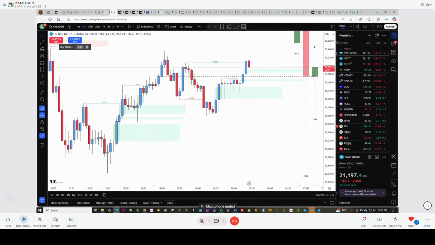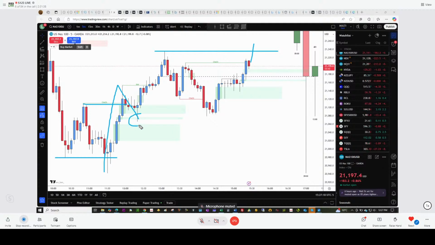So they are heading to take out the highs. So beautiful, beautiful, beautiful setup here. That's a nice play to that level. Then we get this kind of fourth wave move, and they do it again.